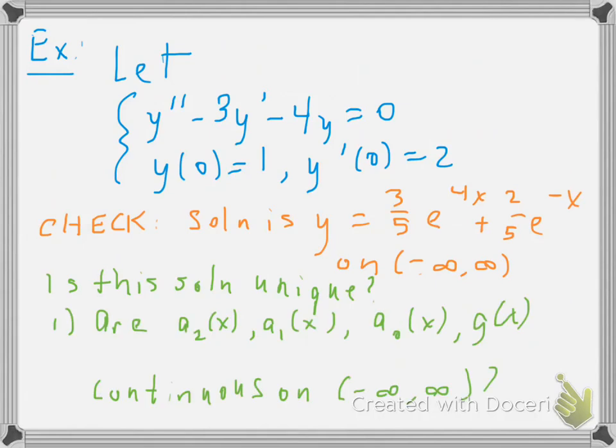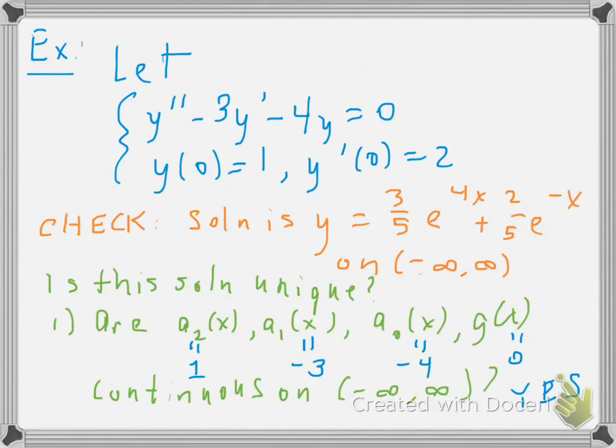So the first thing, are my coefficient functions and my right-hand side continuous on the interval of solution, in this case on the whole real line? Well, a sub 2 is equal to 1, a sub 1 is equal to negative 3, a naught is negative 4, and g is 0. Those are just constant functions, so certainly they're continuous.